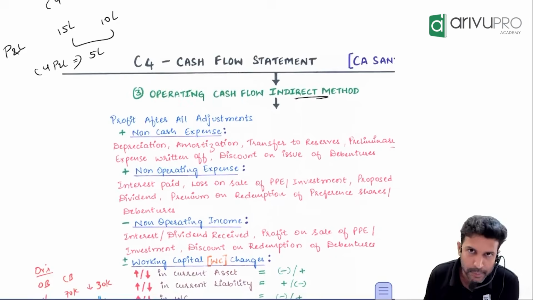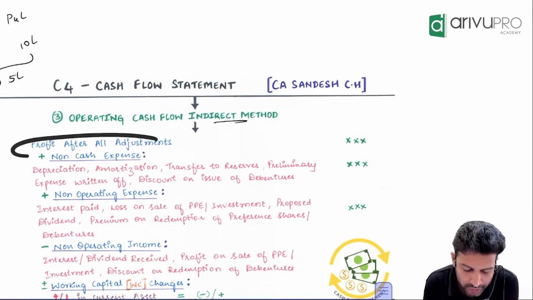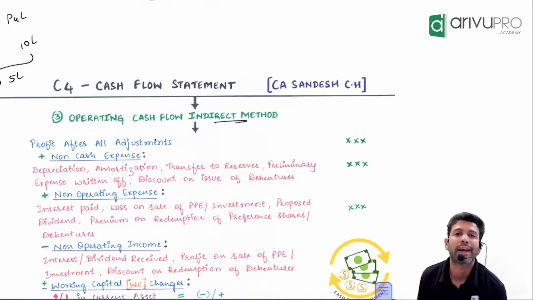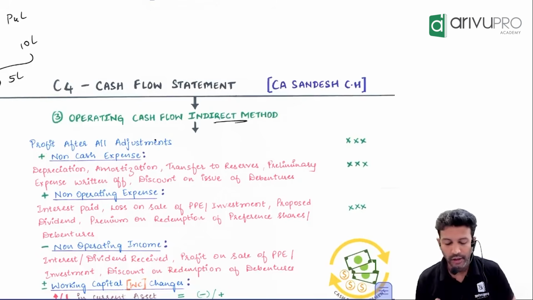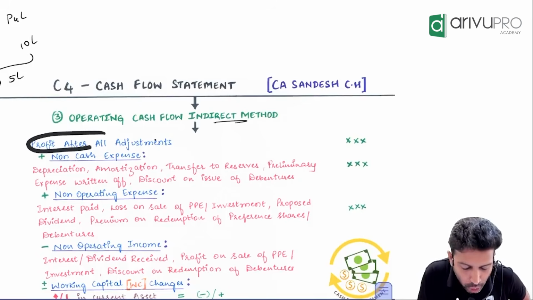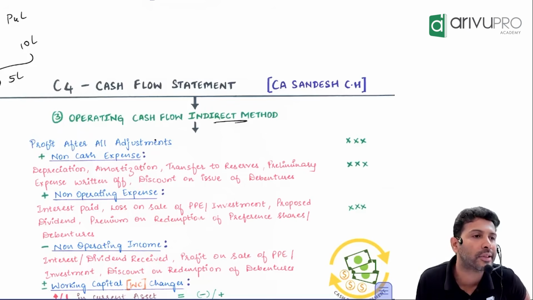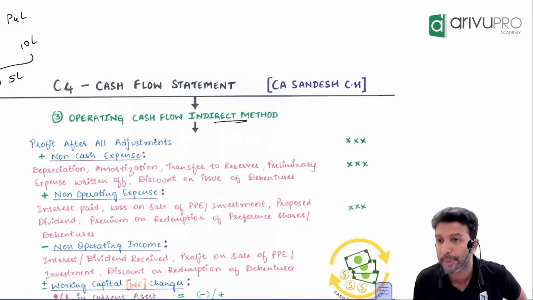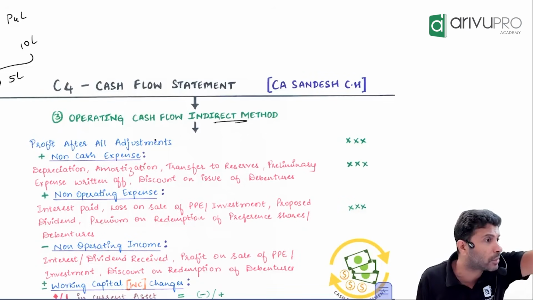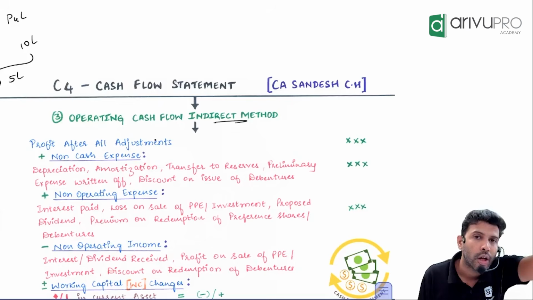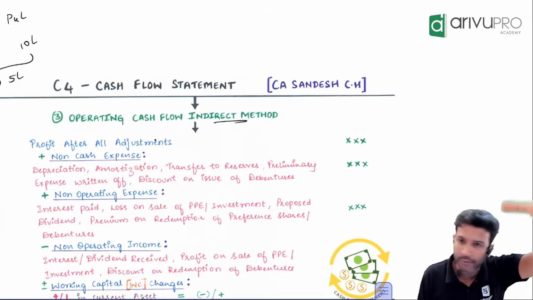Now for the purpose of the chart, I have assumed, sir, that the profit given to you in the question is profit after all adjustments. Now, this profit after all adjustments only, can I take it as operating cash flow, or do I have to do some adjustments? I have to do some adjustments because P&L will include non-cash items and it will also include non-operating items. So I'll have to adjust.